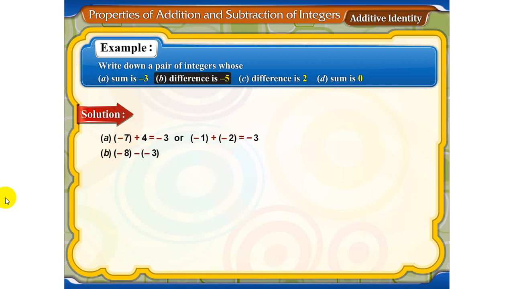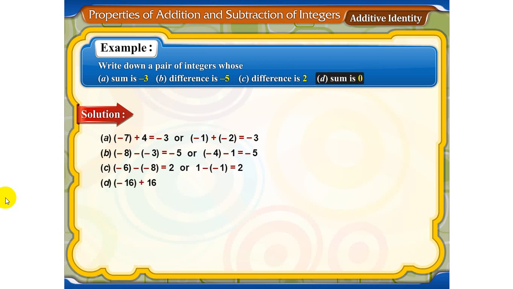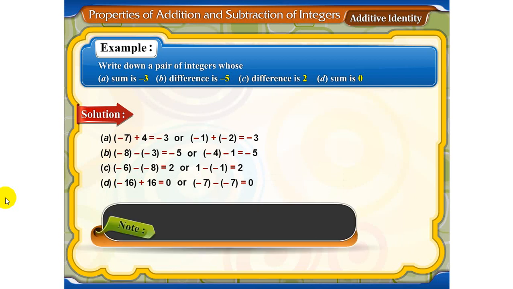B. -8 minus -3 is equal to -5, or -4 minus 1 is equal to -5. C. -6 minus -8 is equal to 2, or 1 minus -1 is equal to 2. D. -16 plus 16 is equal to 0, or -7 minus -7 is equal to 0. Note, you can check these by taking any integers.